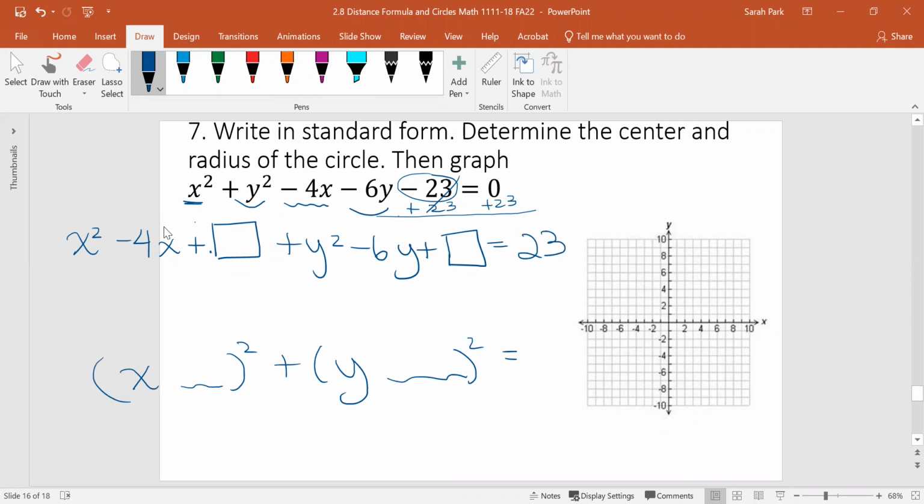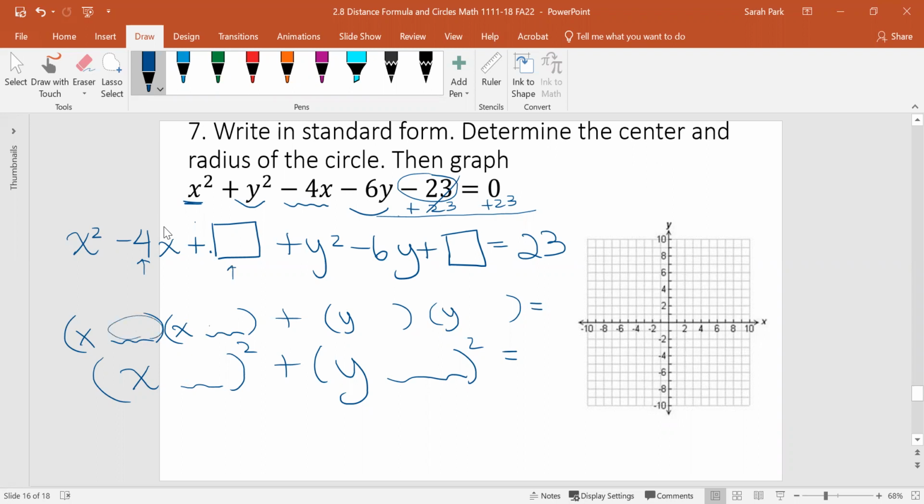To complete the square, what we need to do is get it into parentheses, parentheses, and parentheses, parentheses, where you have x here and x here, y here and y here, and then some value in a box. The values that go in these factors need to add to the middle term, and these two numbers multiplied is going to give us what we're going to put in the box.